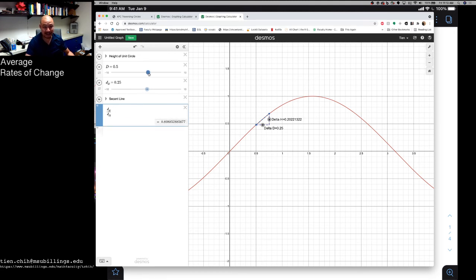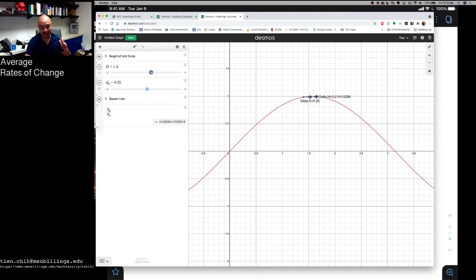So we can see the same things we saw on the circle, right? Starting off it's very steep, it's close to 1, and then as I move up, my changing heights get smaller and smaller.